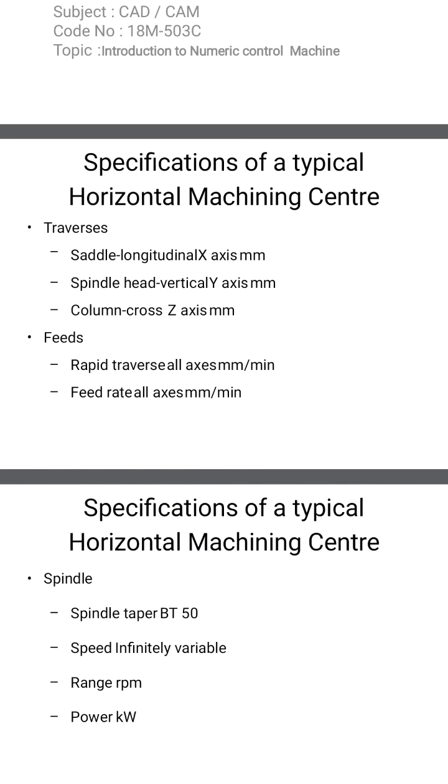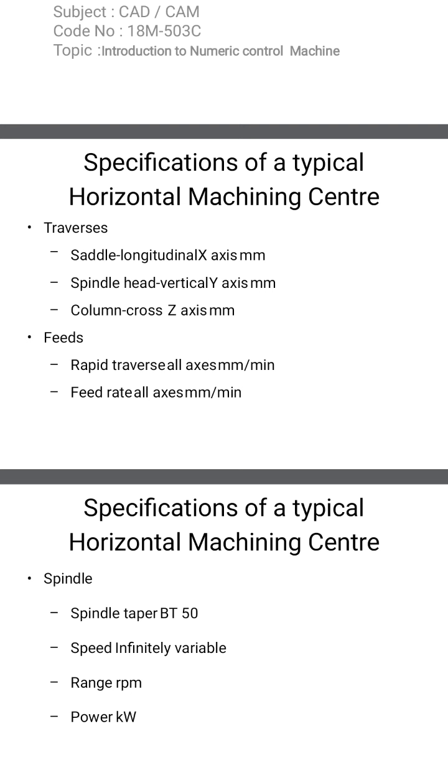A typical turning center has the following specifications: maximum swing over the bed, that is, how much swing we should keep over the bed in mm, next maximum turning diameter in mm, maximum turning length in mm, spindle bore in mm, spindle speed. Speed is given in rpm.